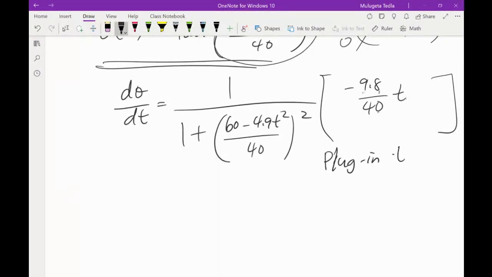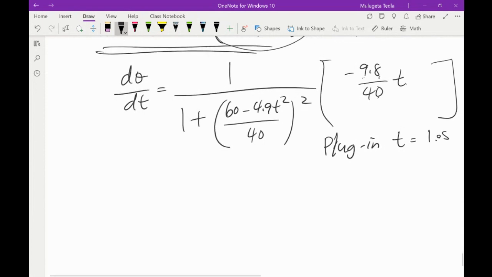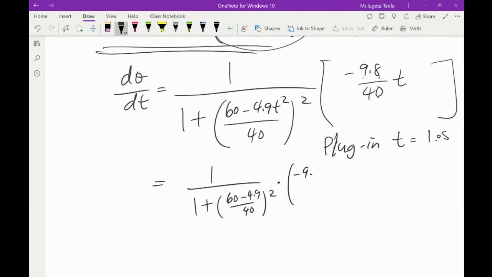So if we plug in, what is t? 1 second. Yes, then it would be easy to do. Then this is 1 over 1 plus ((60 minus 4.9) over 40) squared, times minus 9.8 over 40, if it's 1 second.